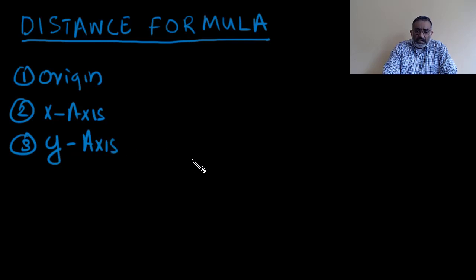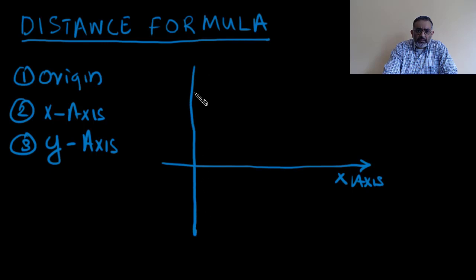Now typically we say the horizontal axis is the x-axis and the vertical axis is the y-axis. And this point where both axes meet is called origin.